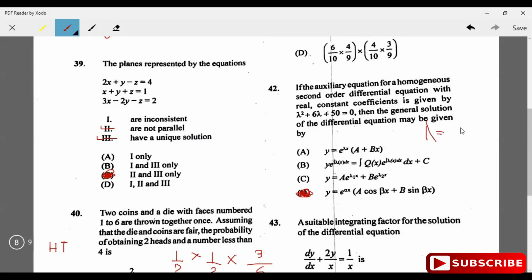And lambda is equal to minus b, which is minus 6, plus or minus the square root of b squared, which is 36, minus 4ac, all over 2a. 36 minus 50, over 2a, which is 2. And so this part is giving us some complex number. And so lambda is working out to be some alpha plus or minus beta i.